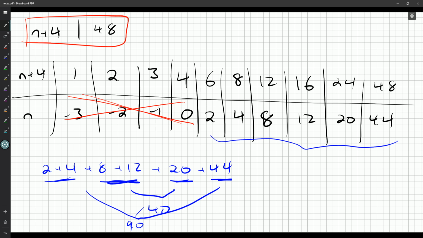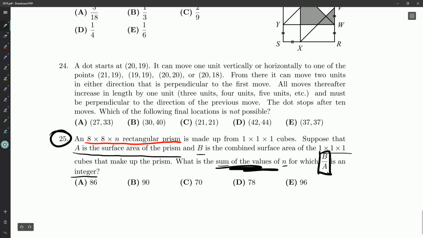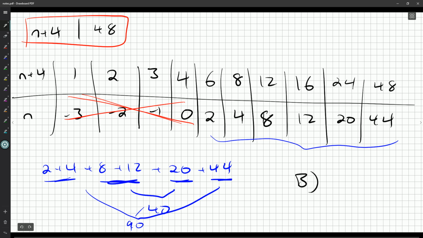And if you want to, you can double check what actual value you get for A, what actual value you get for B. But we're sort of beyond that. We don't need that anymore. Okay? So 90 should be our answer. And it's sitting right there. It's going to give us B. Okay? So B is our answer to question 25, and that wraps up our grade 7 Gauss.